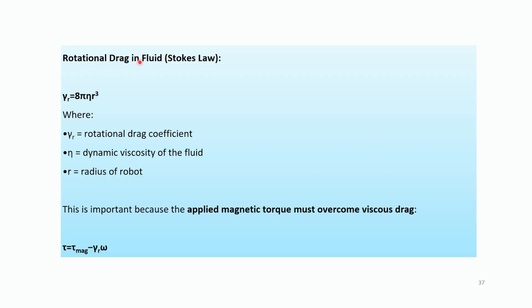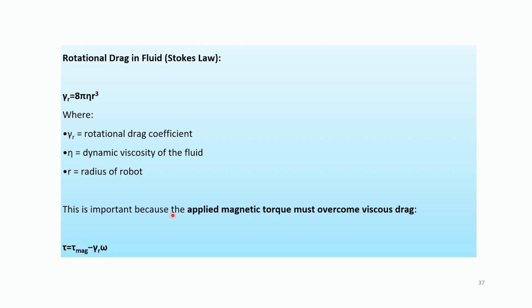There is also rotational drag in fluid, which is determined by Stokes' law. This is the rotational drag coefficient. Drag is not only in one single direction, it can also be rotational. It depends on the dynamic viscosity of the fluid and the radius of the robot.